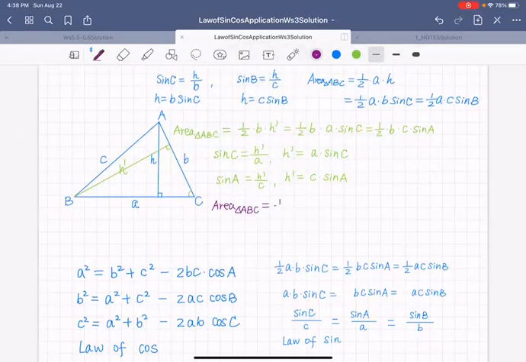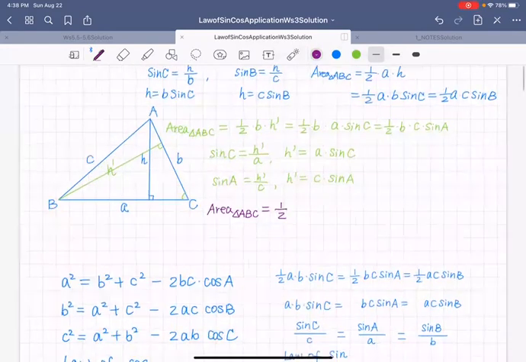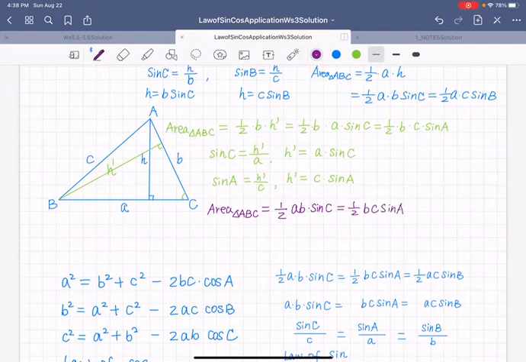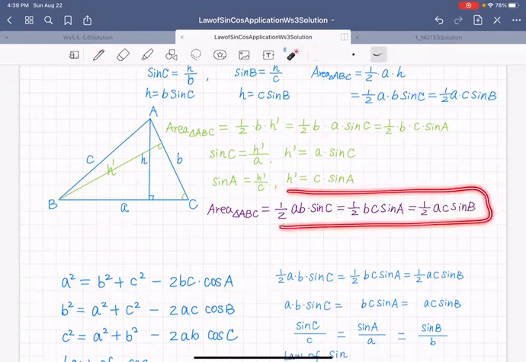This is 1/2 AB times sine C, and then 1/2 BC times sine A, and 1/2 AC times sine B. Does this make sense to you, Christina? Yeah.